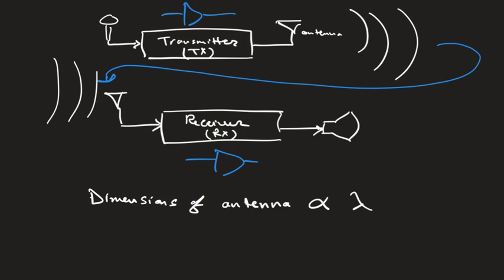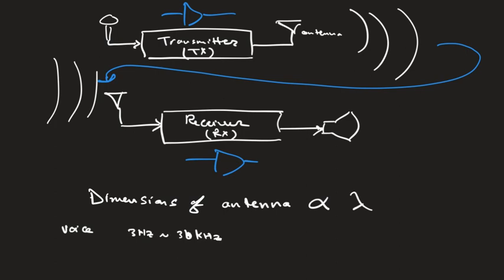So let's look at the example that we have here. I'm talking about a voice signal. Voice is typically between 3 hertz up to 3 kilohertz. Sometimes they take it up to 30 if it includes music and stuff like that. So it can go all the way up to 30 kilohertz, right?